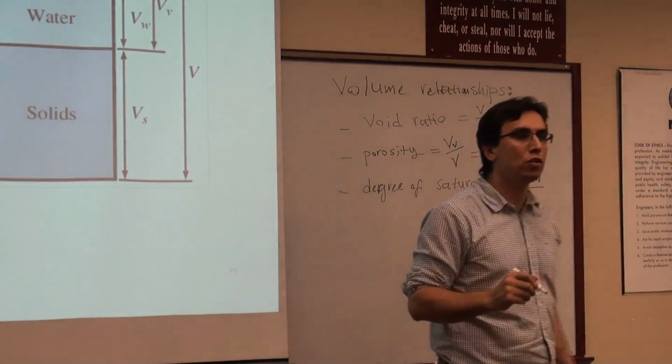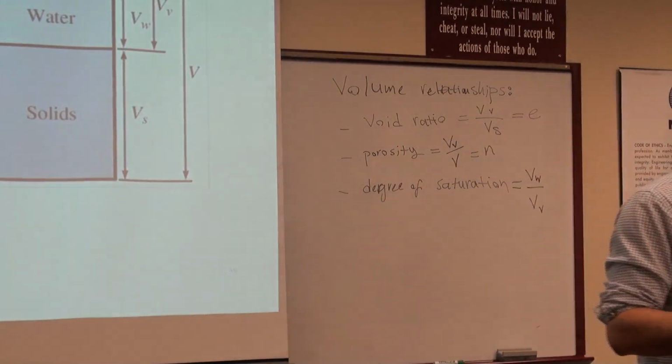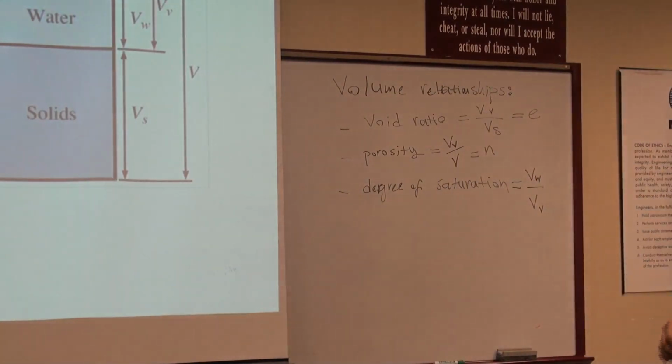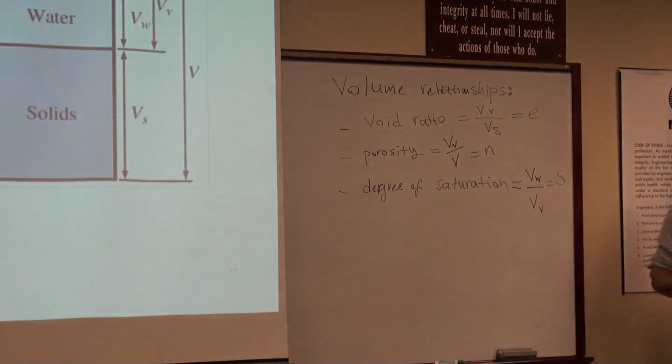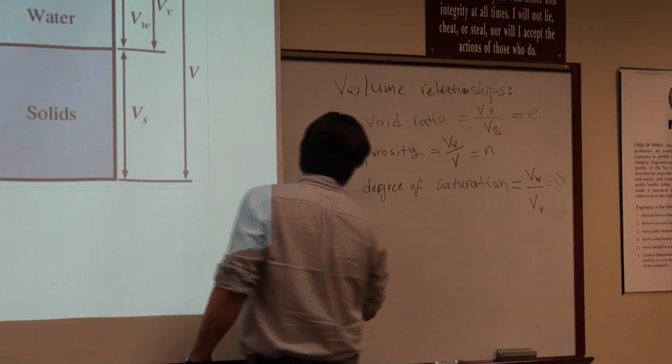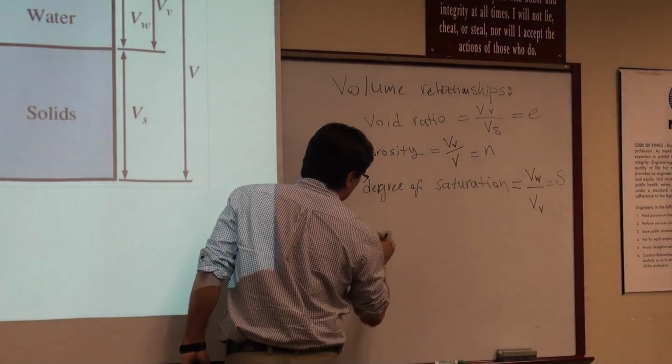We said that volume of void can be filled either by water or air. We show degree of saturation by S. So remember, we have three volume relationships and we have two weight relationships.